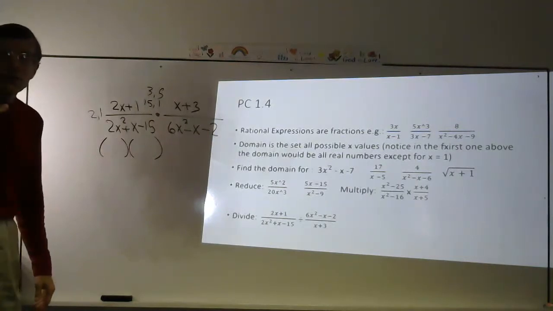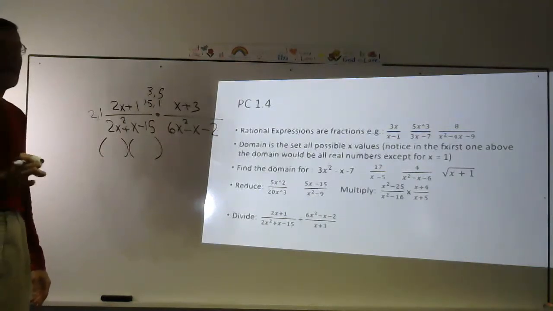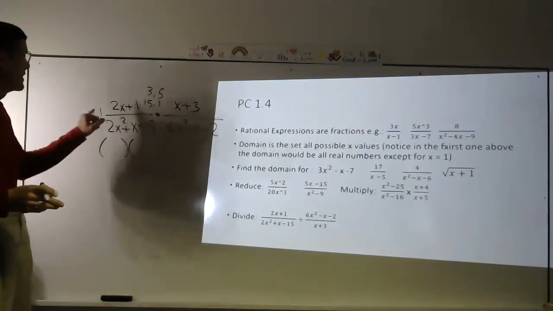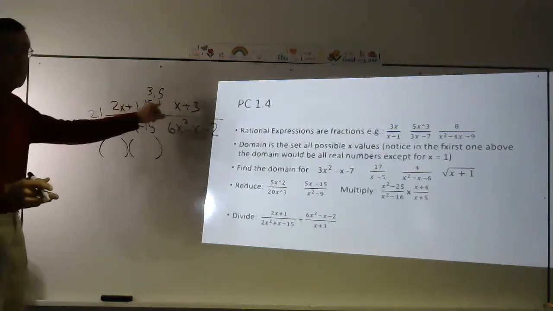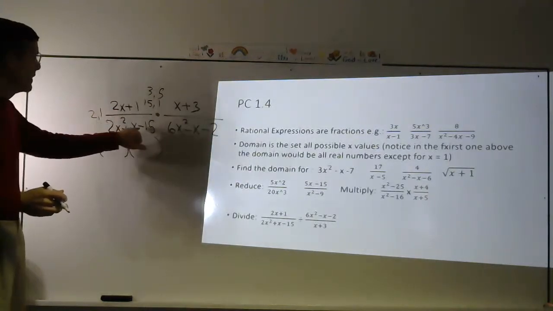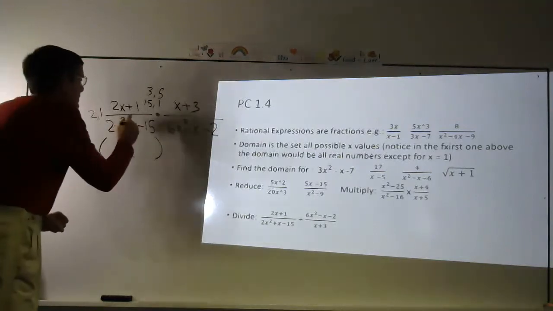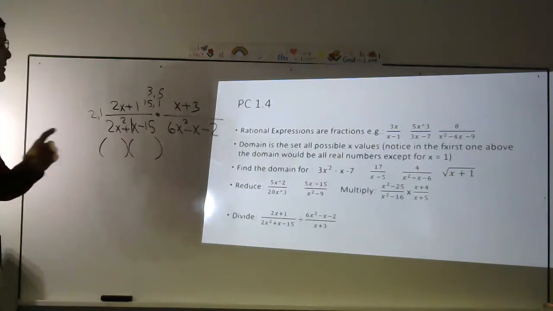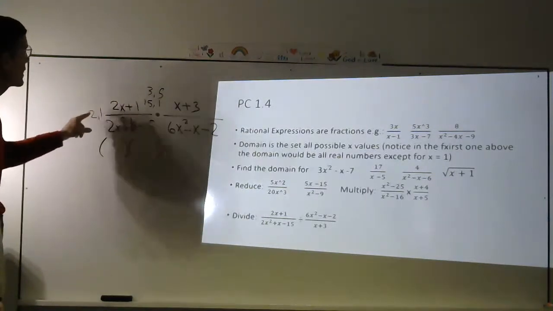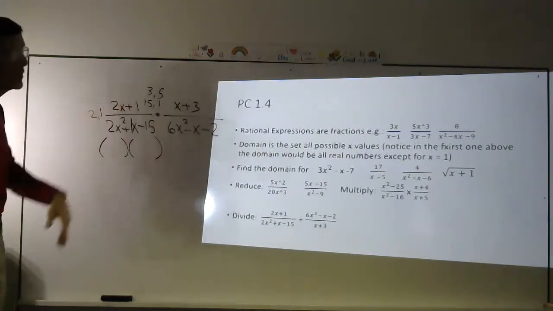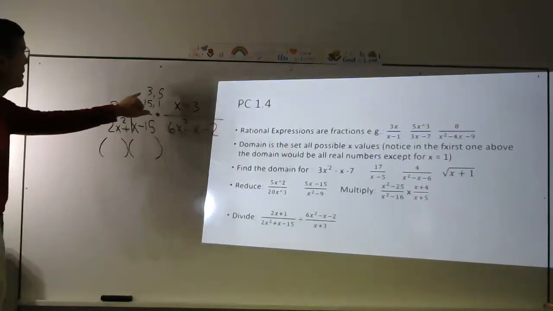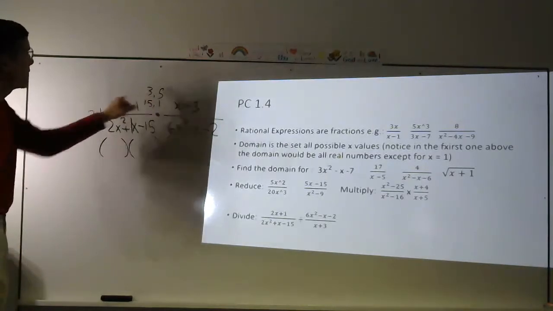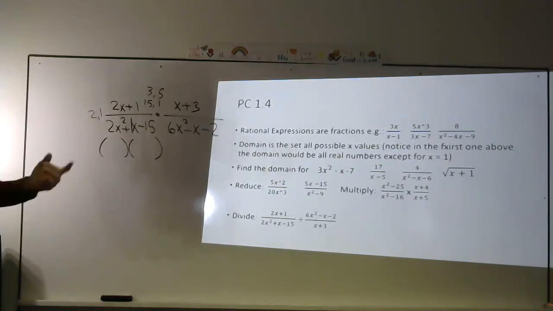I must find combinations that subtract to give me 1. Well, you forget the 15, that's not going to work at all. How about 3 times 1 is 3, 5 times 2 is 10. 10 and 3 do not subtract to 1.